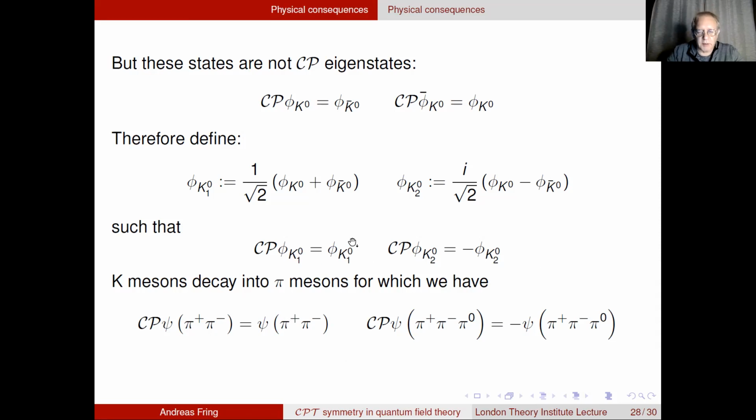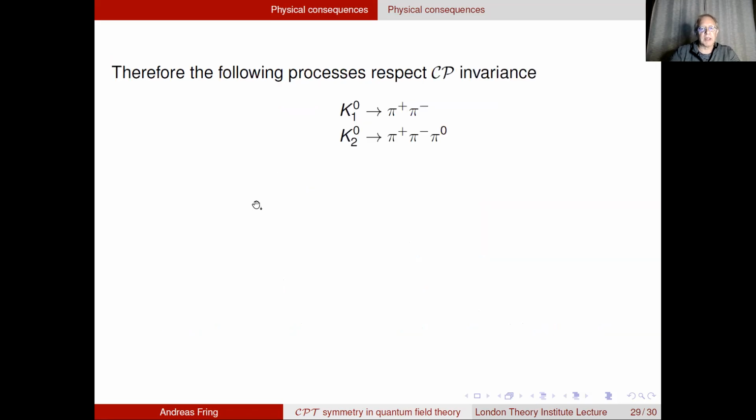So what would CP preservation mean? Well, in this decay process, it should be the same before and after the decay. And that means that K10 decaying into pi plus and pi minus would respect the CP symmetry.